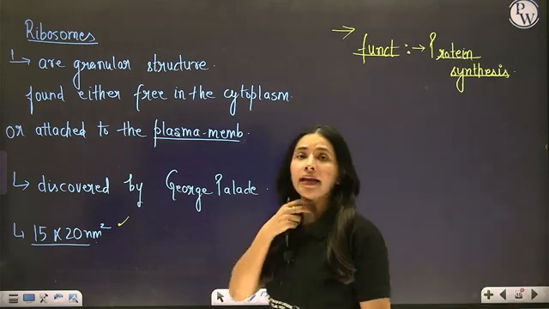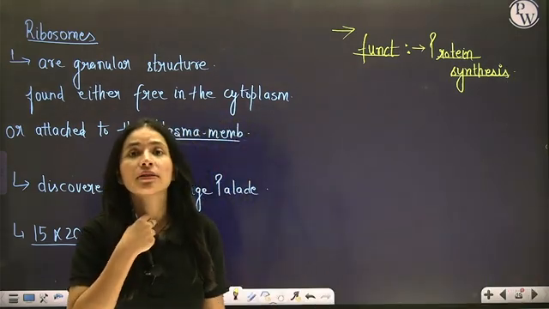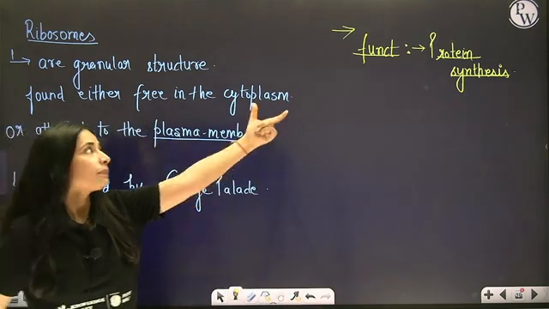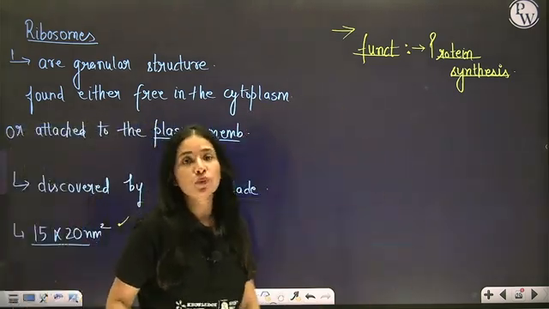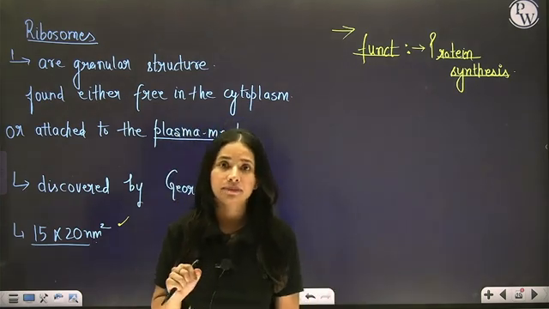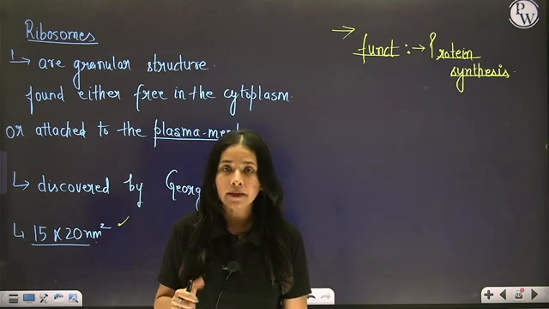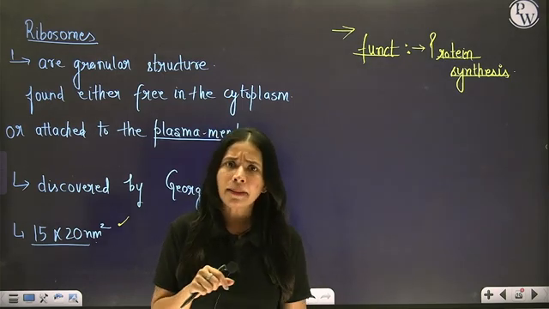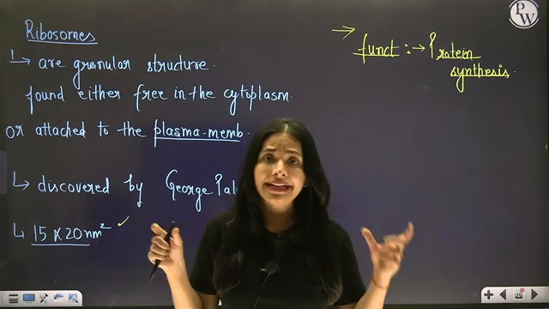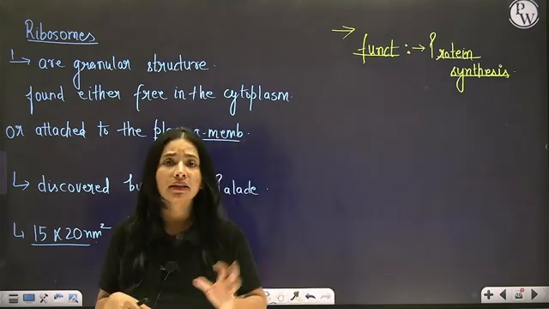That's why they are known as protein factories. These ribosomes are known as protein factories. Right? Clear? Now, are they capable of synthesizing proteins alone, or do they need the help of some other structure?